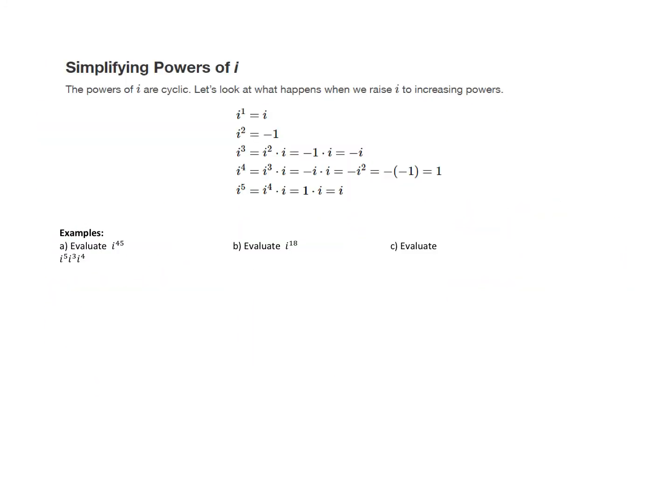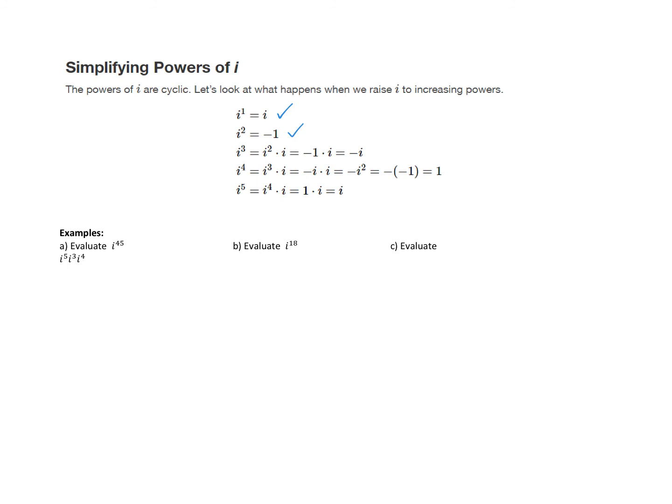All right. Okay, the last thing in this section is powers of i. So we already know that i is just i. There's no reason to write it any other way. i to the first. And that by definition, i squared is negative 1.